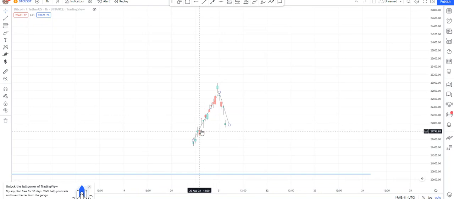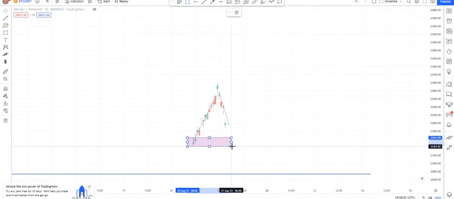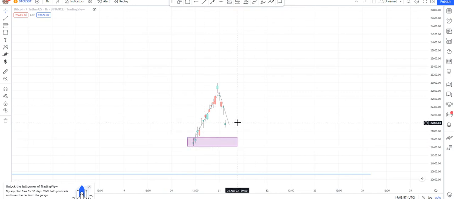Assuming that this is the last down close candle before this upward move, the last one down here, so that is our order block there.